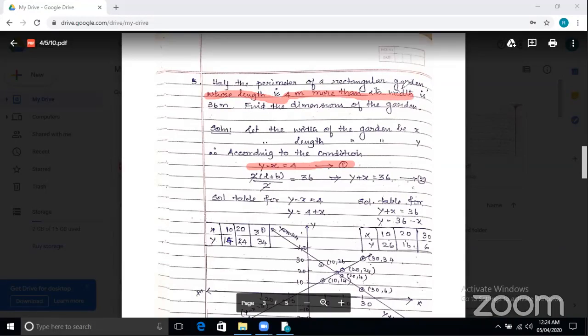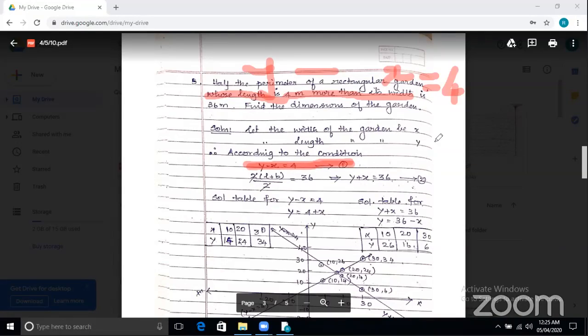Width is X. Length is Y. Therefore, Y minus X is equal to 4. That is the condition of equation 1. Condition 1 is written in algebraic form. Now we have to go to the next condition.